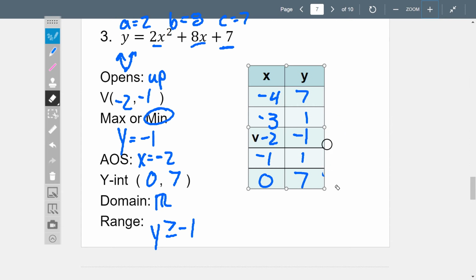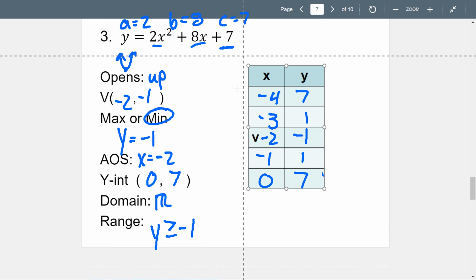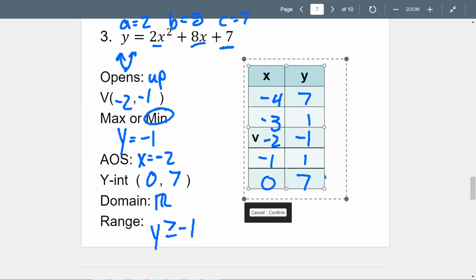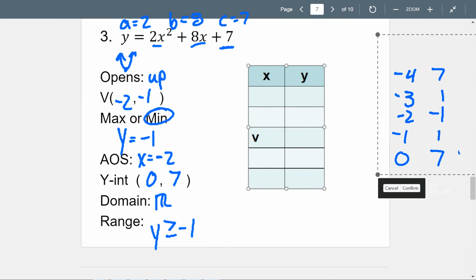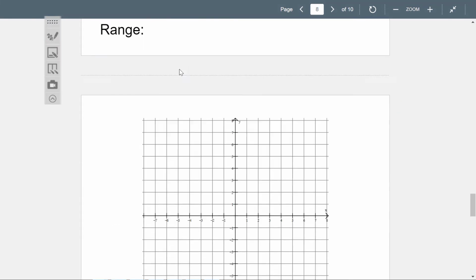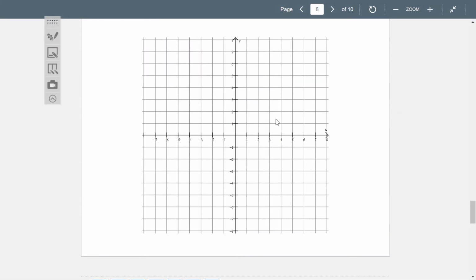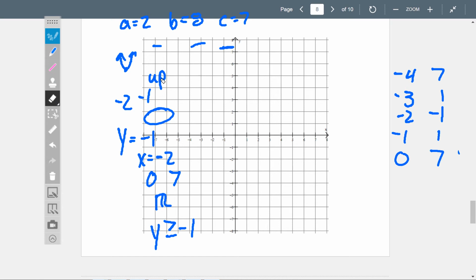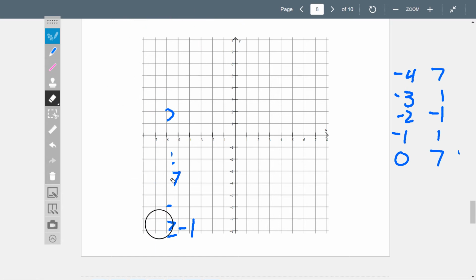Okay, so I'm going to use this to set up my graph. Move it over here so I can actually use it. Now, my vertex is going to be at negative 2, negative 1.